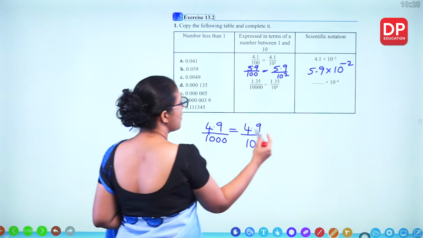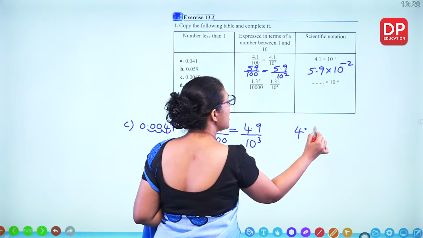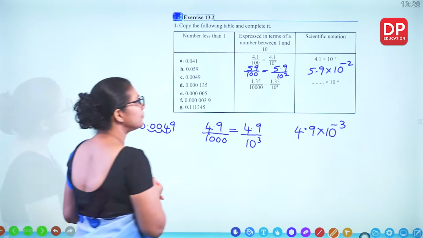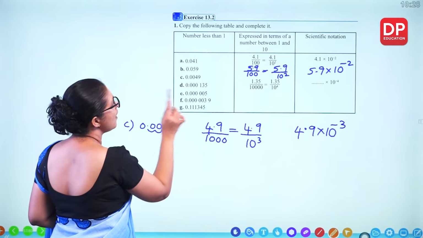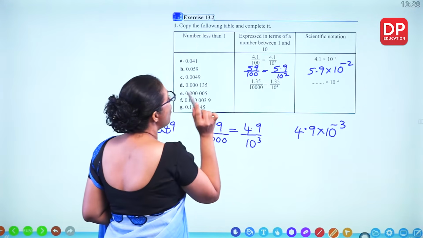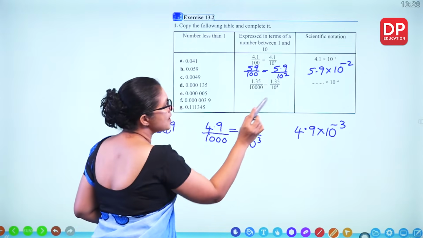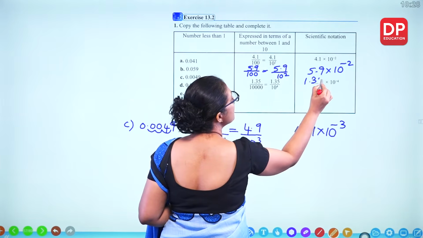So this is 10 to the power 3 means what's the scientific notation? 4.9 10 to the power -3. D already done. This is 1.35 divided by 1, 2, 3, 4. 4 zeros are there. So that means 10 to the power -4. What's the number there? 1.35.